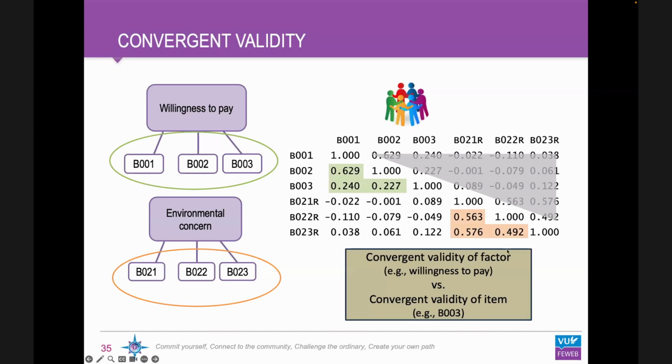For the environmental concern, what we see here is that these are 0.5, so these are moderate, almost high. Here again, this is moderate, so convergent validity is okay, we can say. Again, whenever we ask you questions related to this, things would be more clear-cut. But overall, you can see the convergent validity looks better here than there.